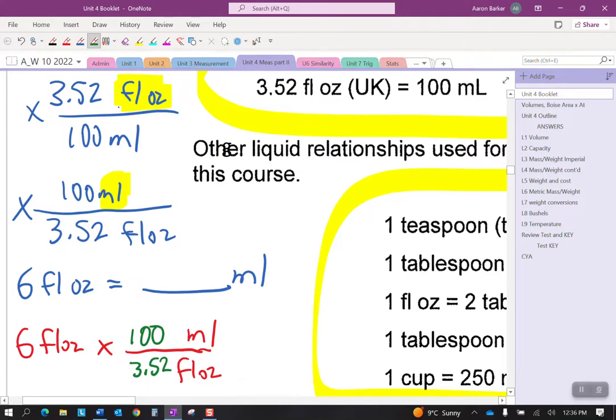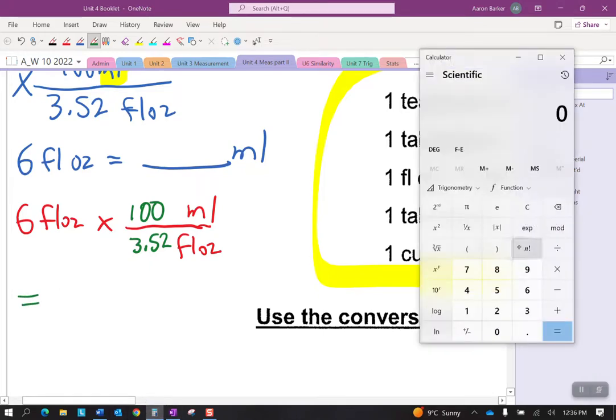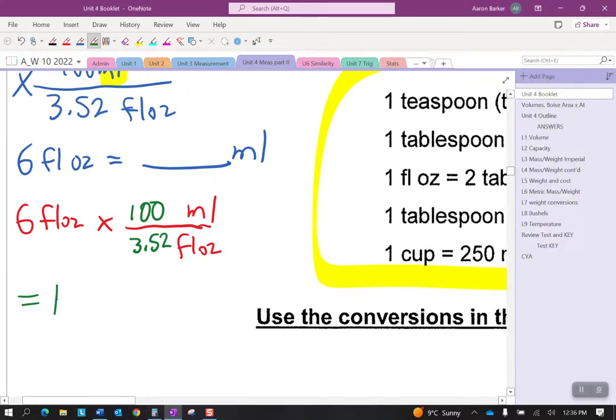Okay. On the calculator then, you simply multiply what you see. So on the calculator, I'll take 6, multiply by 100, and divide by 3.52. That equals 170.45. 170.45 milliliters. There you go.